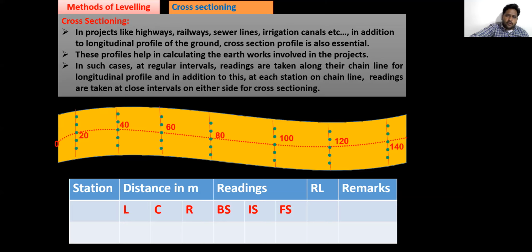So we'll take one interval like this, and according to this interval we'll fix the interval in the cross section also, take the elevations of that particular ground, and take decisions according to that. This is called cross-sectional leveling.